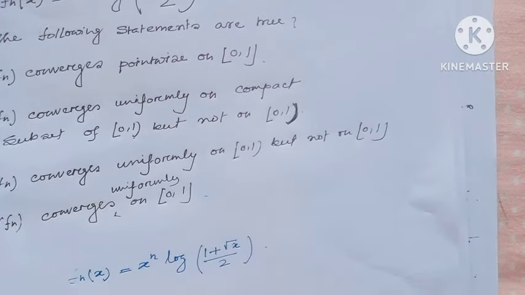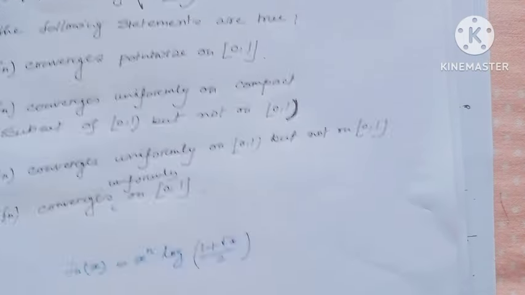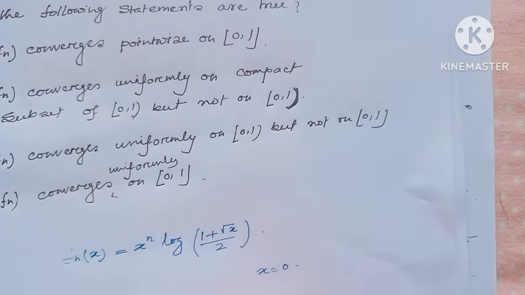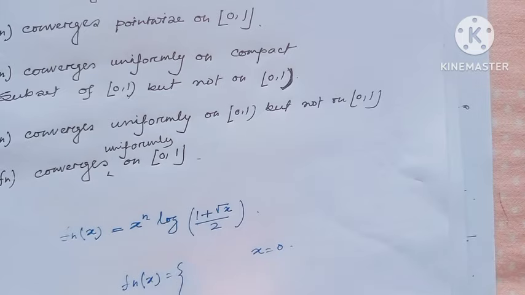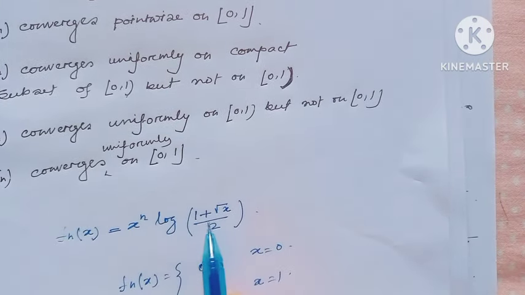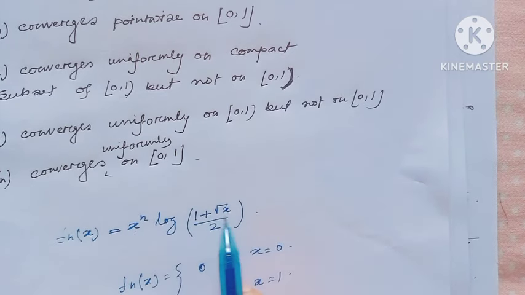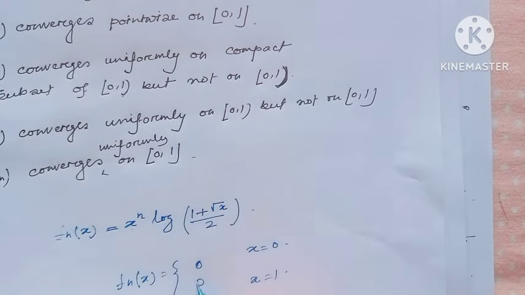Notice here fn(x) = x^n log((1 + √x)/2). When x equal to 0, then fn(x) equal to 0. When x equal to 1, then this is 1 and this is log((1 + 1)/2), that means 2 over 2, that means log 1, and log 1 is always 0.